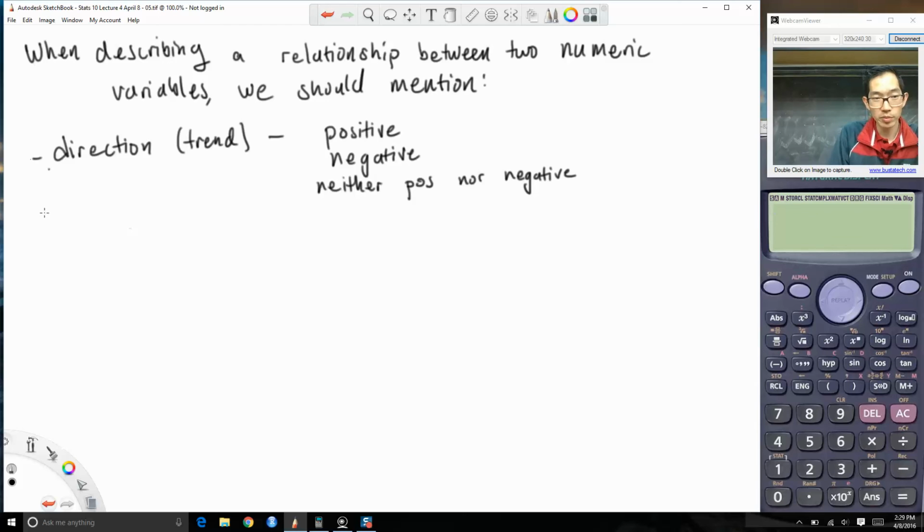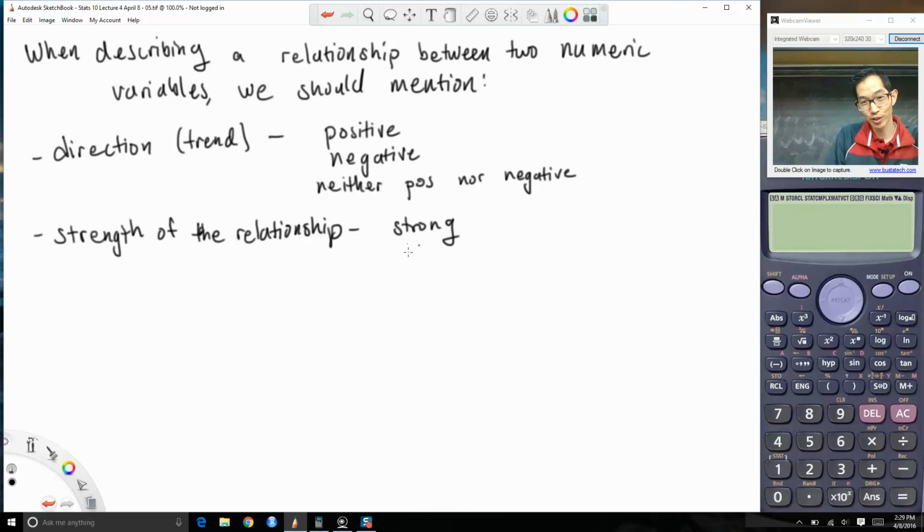Okay, we should mention the strength of the relationship. So we'll have terms like strong or weak, moderate.